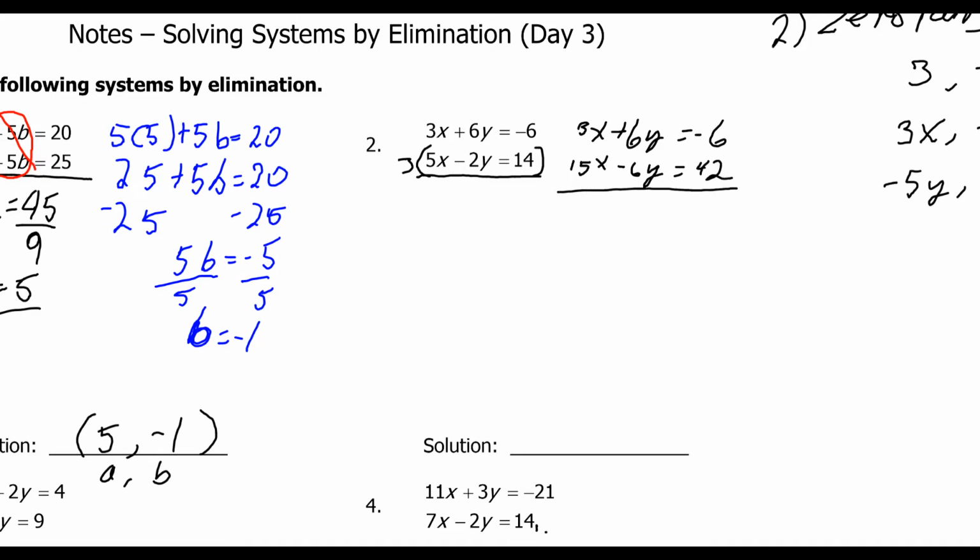Now, when we go to add these 2 rows together, we're going to get 18x with the 6y's canceling, and then negative 6 and 42 are going to give us 36. We divide each side by 18, and x equals 2.